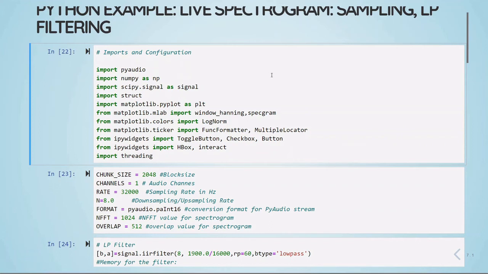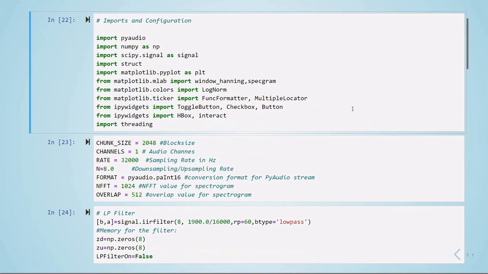We are going to use matplotlib to plot, and we're going to use IPyWidgets for a graphical user interface. Again, we will have a separate thread. In this case, we're going to use the blocking mode of PyAudio. We'll run it in a separate thread, and then we can also interact with the graphical user interface.